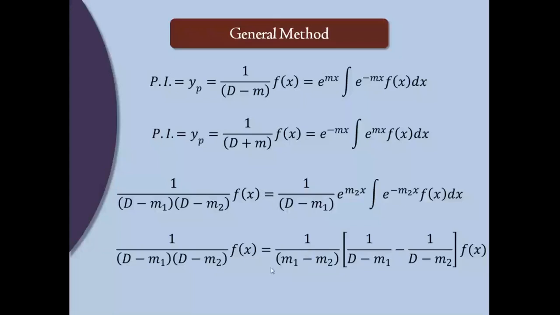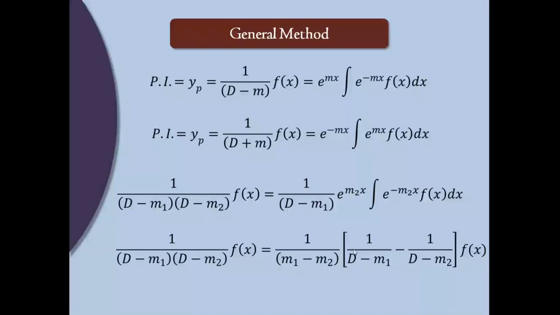Now you can use either of these methods, you get the same answer. We just have to check the convenience. If you use this first method, what to do? We have to first solve this integration, and then by applying this again on that, we have to solve one more integration of this. So it is sort of double integration. Here, if we separate it out, apply this on this separately, apply this on this separately, then by this we get one single integration, by this we get single integration.